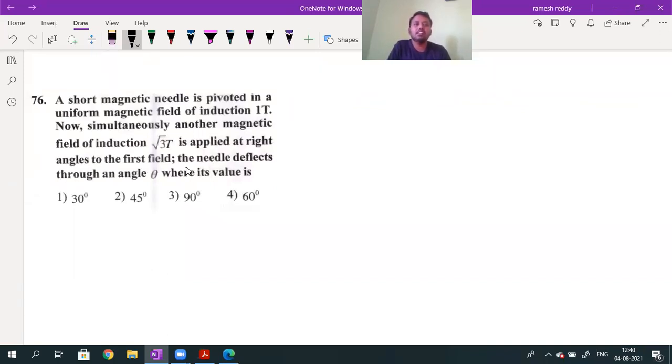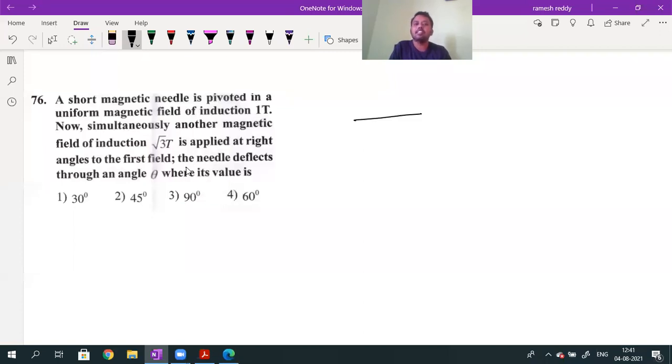The 76th one: a short magnetic needle is pivoted in a uniform magnetic field of induction 1 Tesla. Now simultaneously another magnetic field, root 3 Tesla, is applied perpendicular to the first field. The needle gets deflected through theta. What is the value of theta?